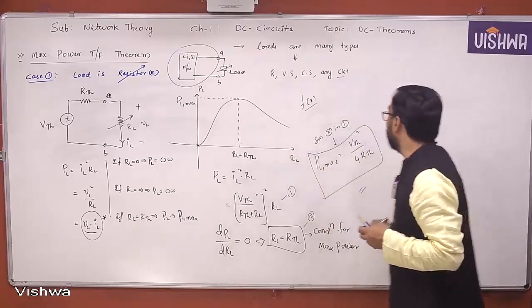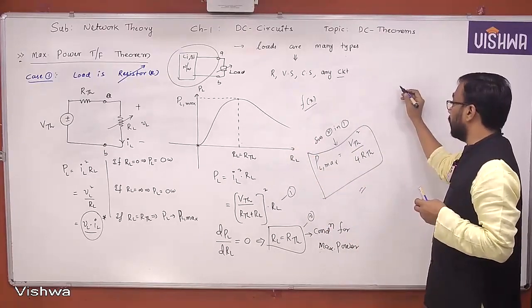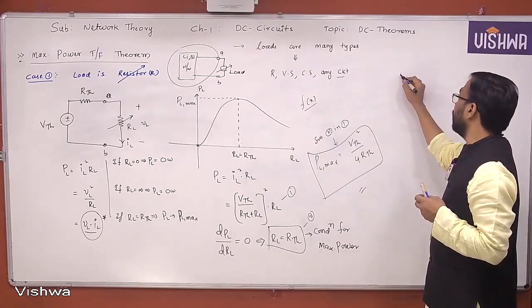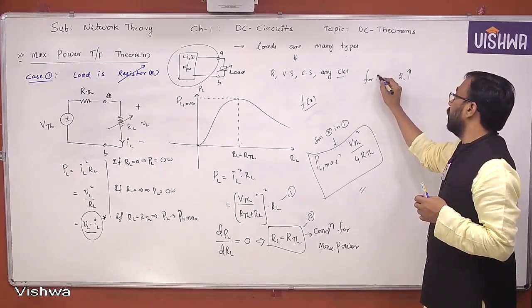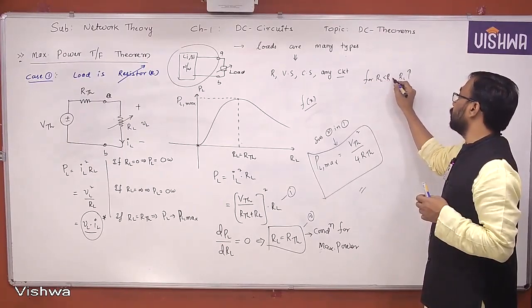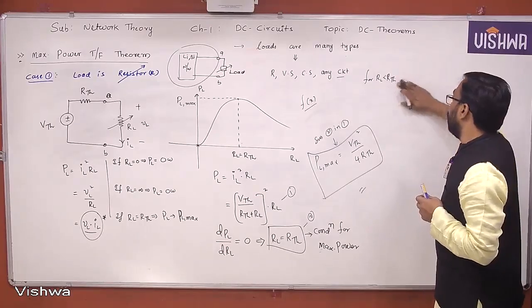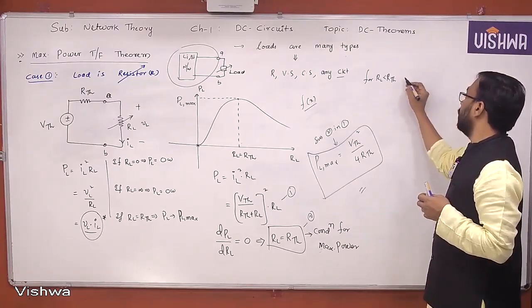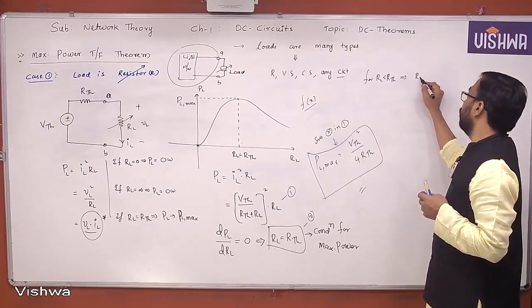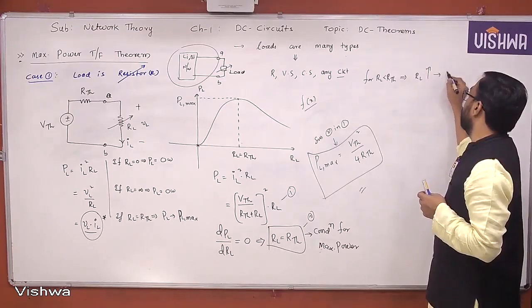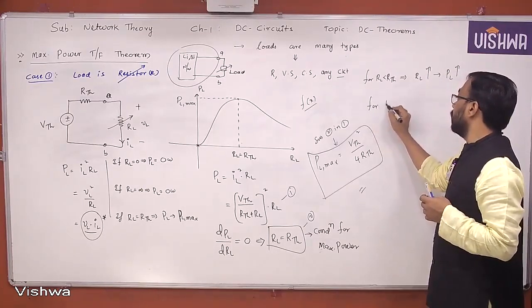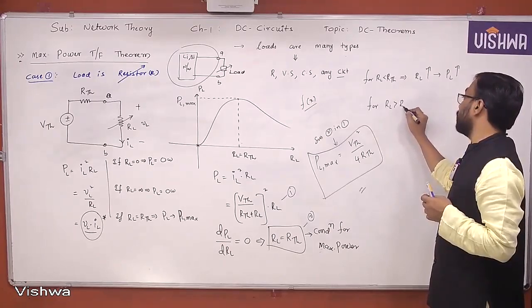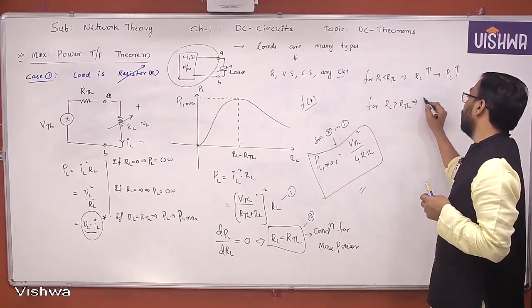So I can write that for all RL less than RTH, when RL is increasing, PL is increasing. For all RL greater than RTH, what is happening?